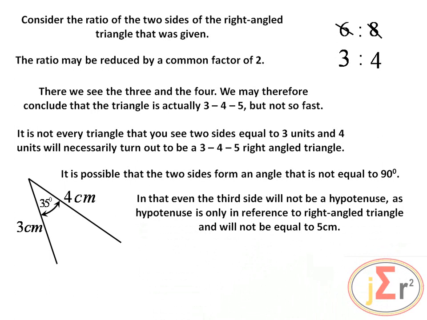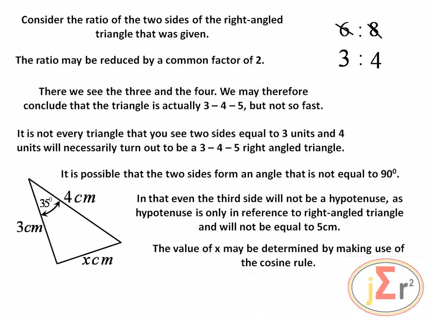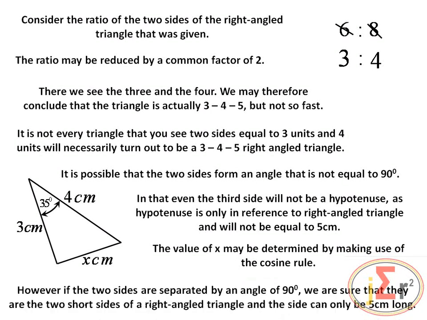So, in the event that the third side is not a hypotenuse, as we know the hypotenuse is only in reference to right-angled triangles, then we cannot conclude that it is equal to 5, and it should not be. So there we have our x, and the value of x may be determined by making use of the cosine rule.